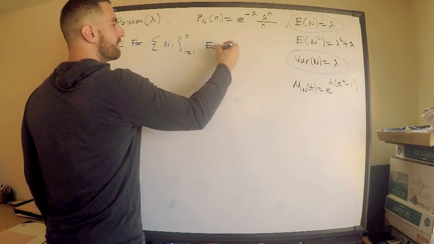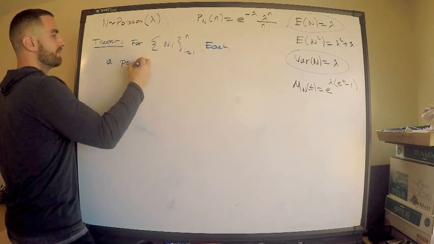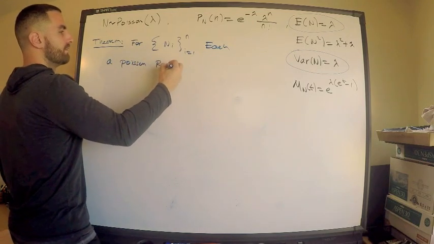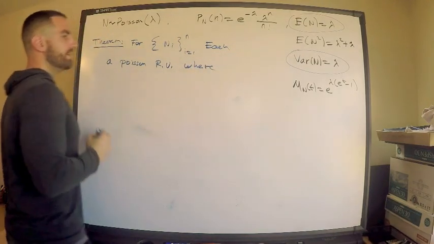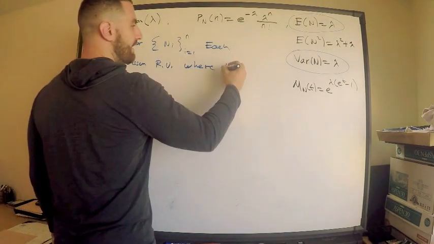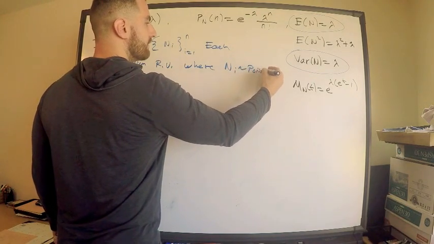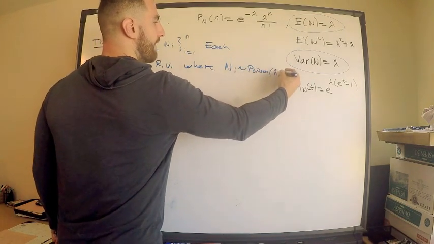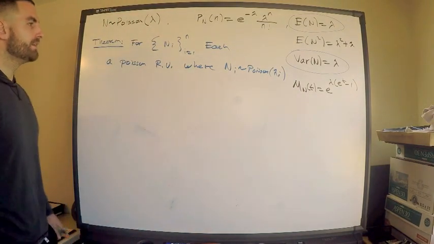Each a Poisson random variable, where let's say that N_i is distributed Poisson with lambda_i, right? So the i's correspond, okay?